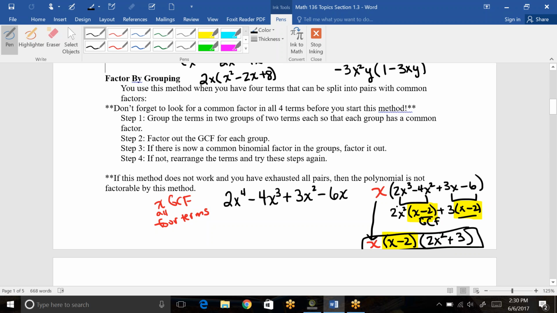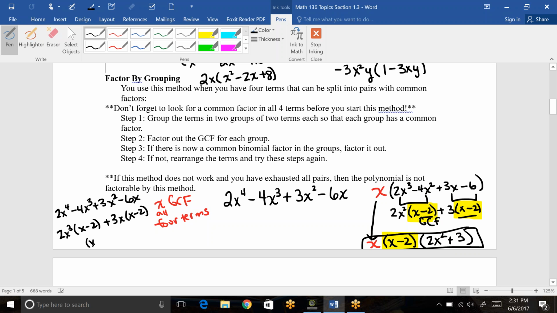If I had not pulled out the x at the beginning, I want to show you what would have happened there. We would have had 2x to the 4th minus 4x to the 3rd plus 3x squared minus 6x. We would have pulled a 2x cubed out of the first pair. That would have left us with x minus 2. We would have pulled a positive 3x out of the second pair.